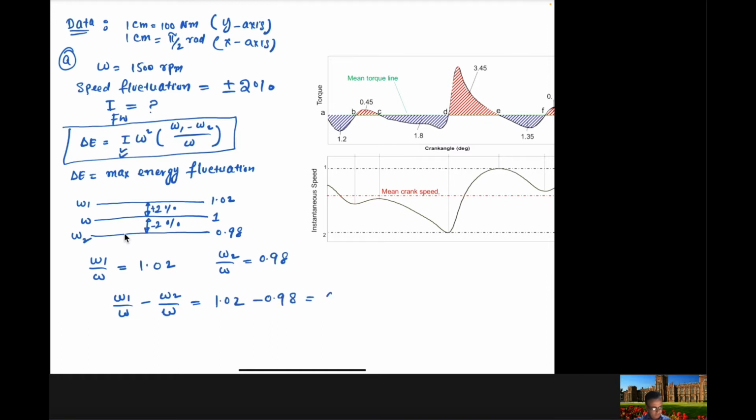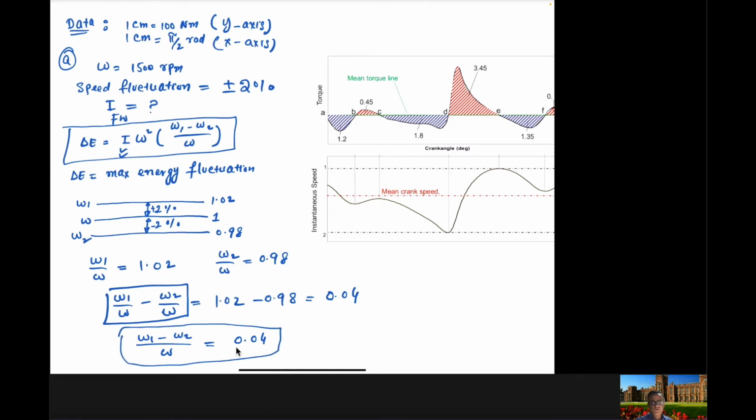So this will become 0.04. So this value will become 0.04 here, and you can write that omega 1 minus omega 2 divided by omega becomes 0.04 in this case here.